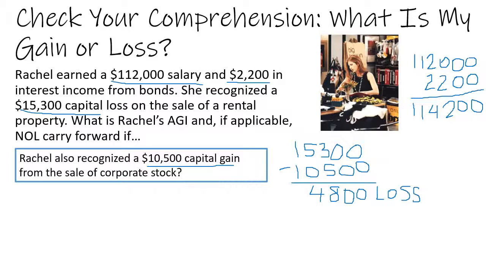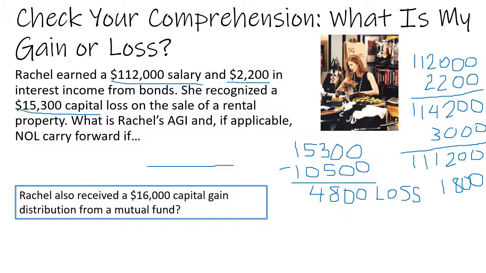Since Rachel is an individual taxpayer, she can deduct $3,000 of that loss, which will yield her an adjusted gross income of $111,200. So what happens with the remainder of that $4,800 loss? She can carry that forward to future years to offset future capital gains. This would yield a $1,800 net operating loss carry forward.